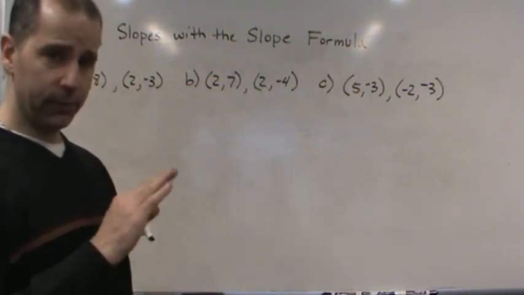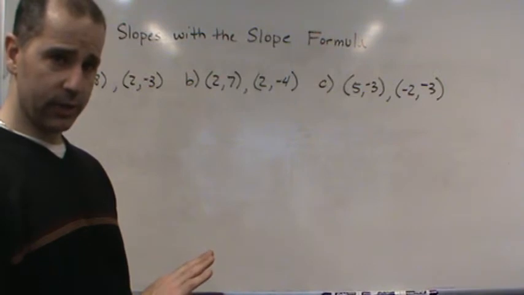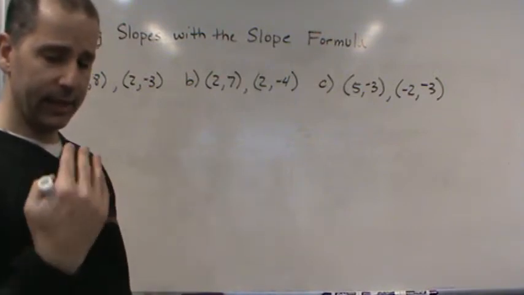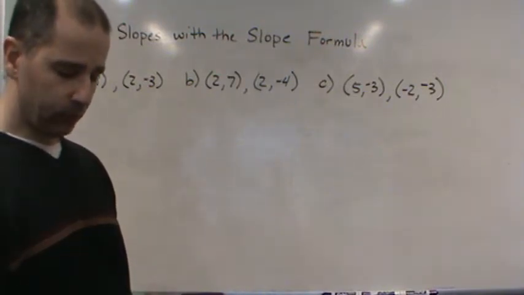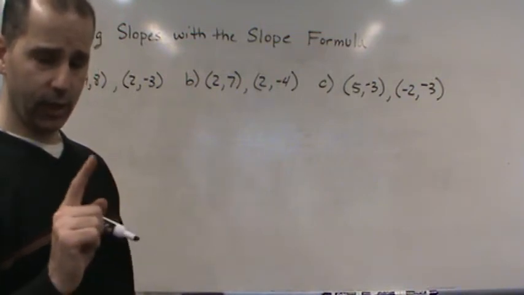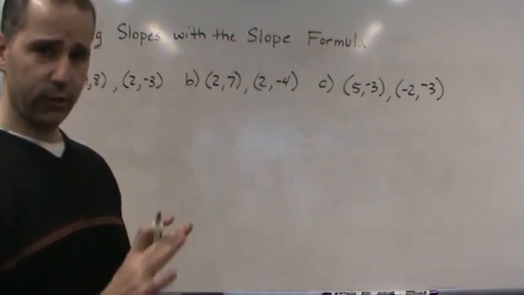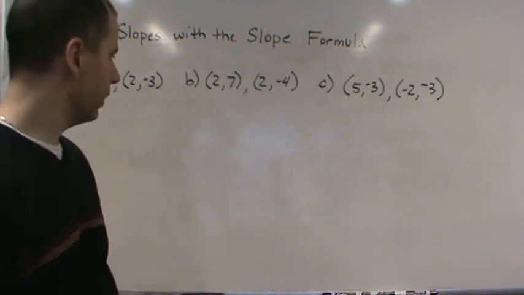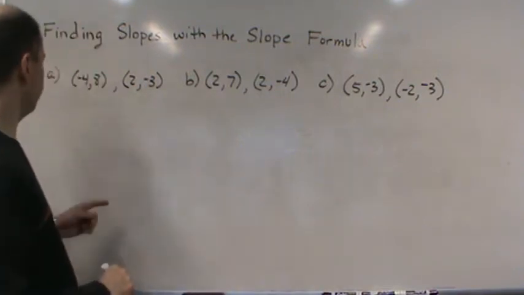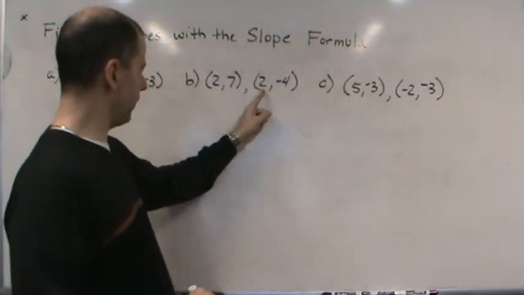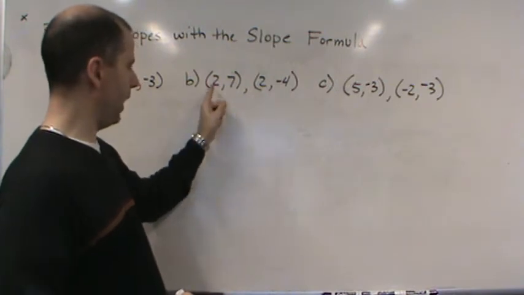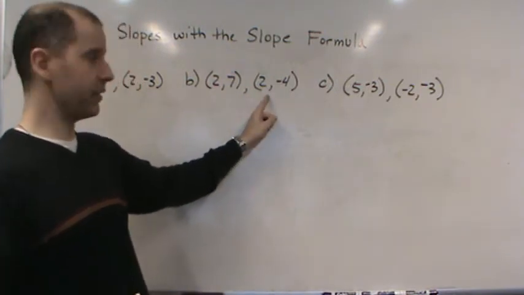If neither the x coordinates nor the y coordinates are the same, then you've got a slope. So notice that here the x values are the same, so I know this is going to be an undefined slope.